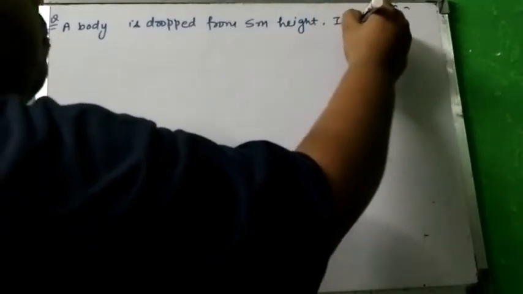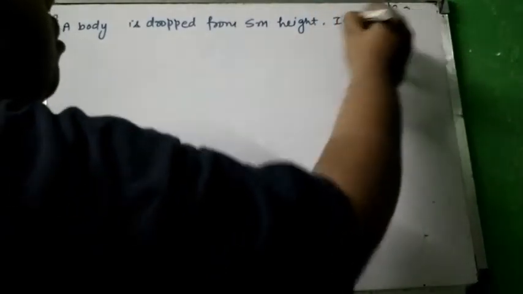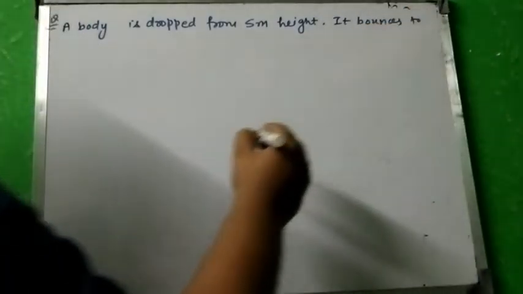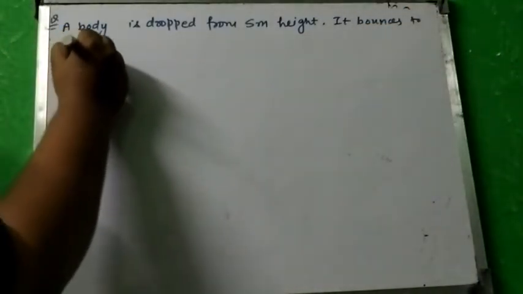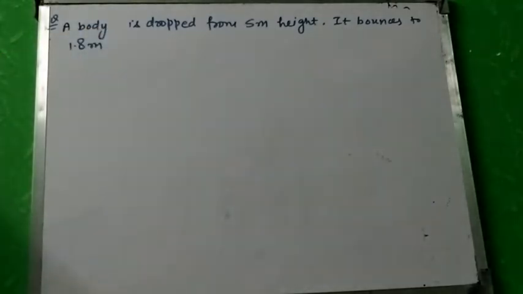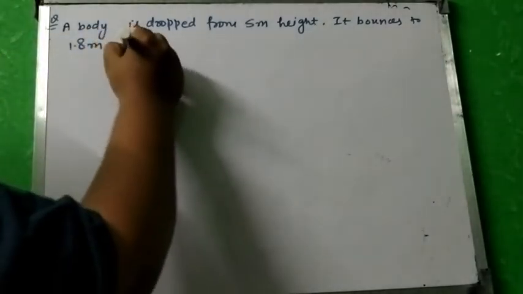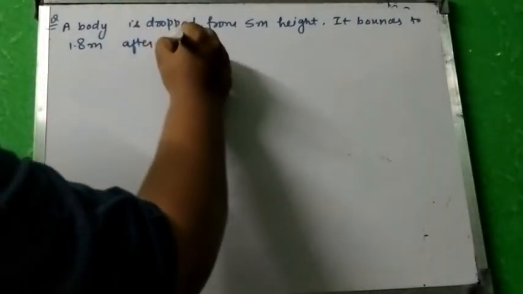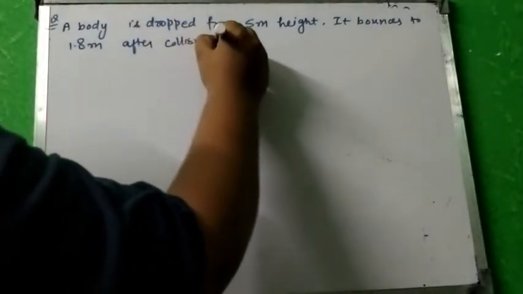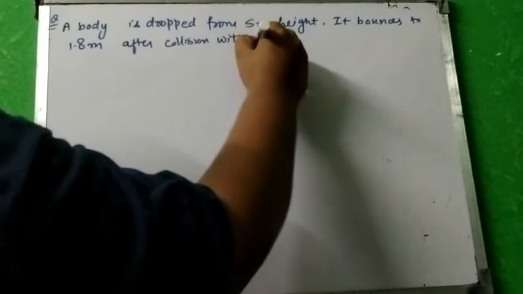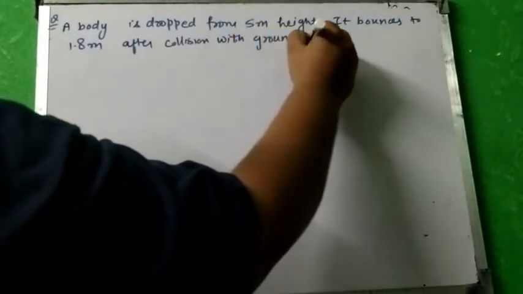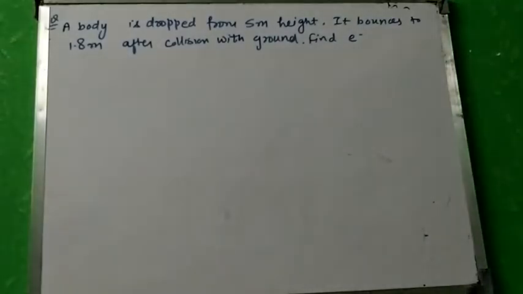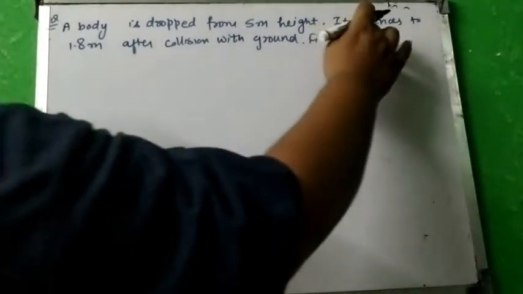It bounces back to 1.8 meter after collision with the ground. Find E. E stands for coefficient of restitution.